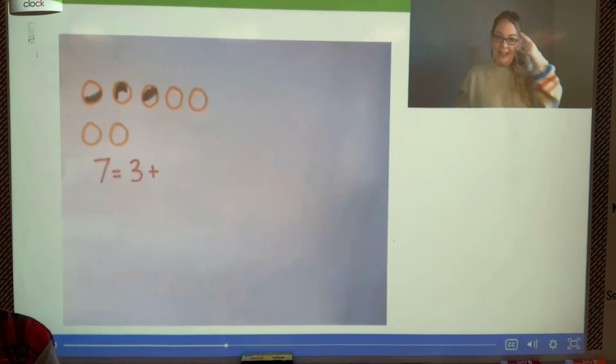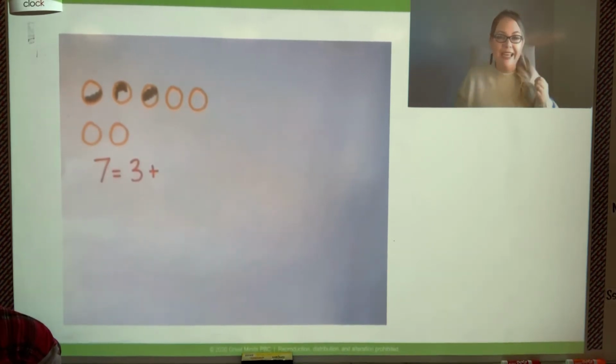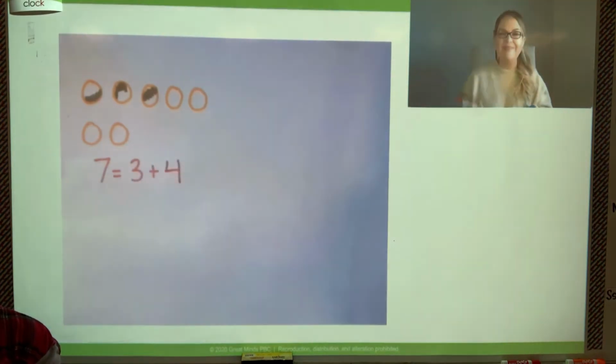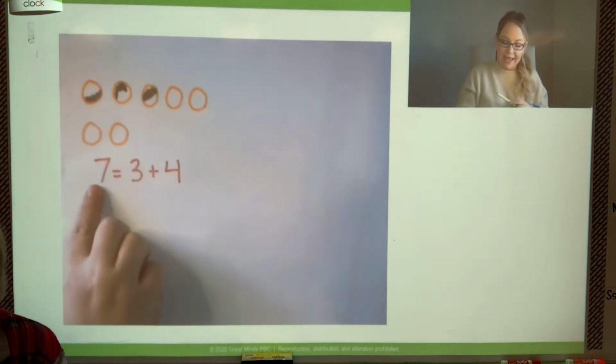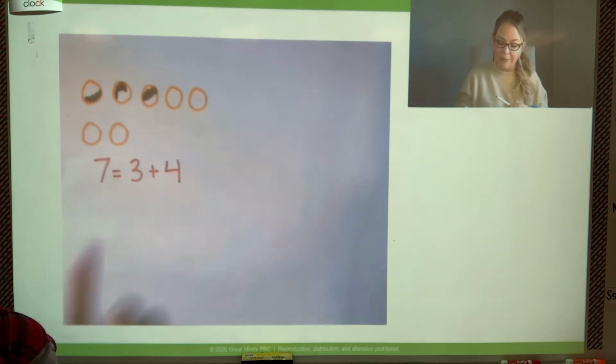Oh, we haven't talked about this. How many are clean and not muddy? Good job. How many are clean? 4. So now read the number sentence with me. 7 is the same as 3 and 4.